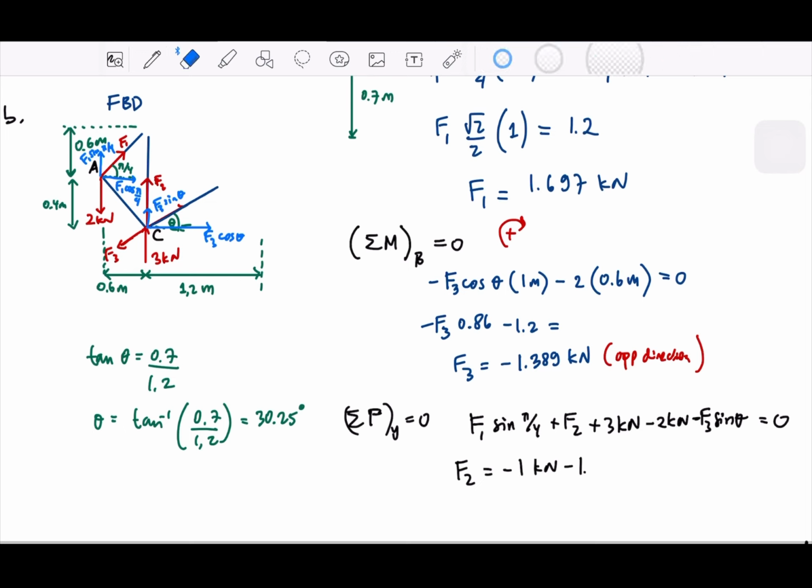Let me write it as 1.2 kilonewton, and then 1.389.